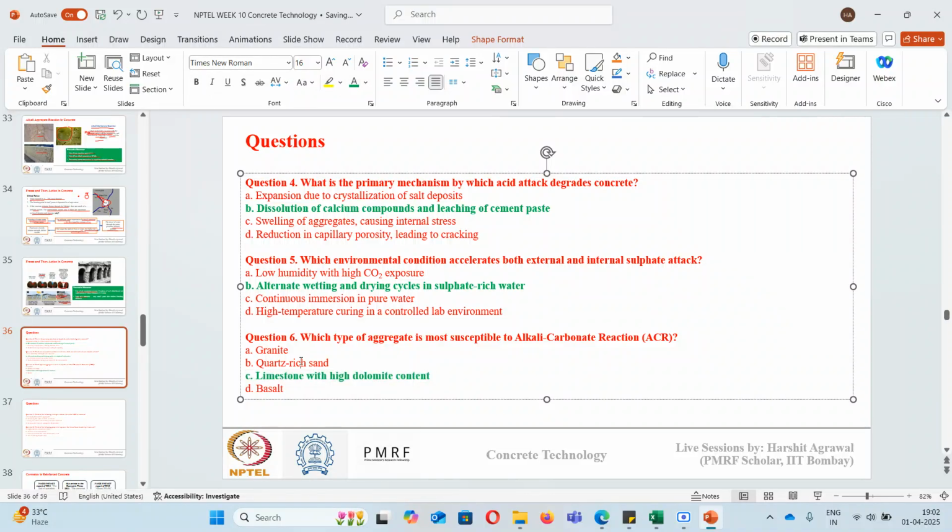We need a reactive medium, and we are talking about alkali carbonate reaction, so we don't need reactive silica, we need reactive carbonate phases, and that is present in dolomite. So if I have a limestone which has high dolomite content, which has reactive carbonates, then it will make my aggregate susceptible to alkali carbonate reaction. Quartz is rich in inert silica, so that doesn't cause any alkali aggregate reaction. It is the dolomite which has high amorphous content, which can lead to alkali carbonate reaction.